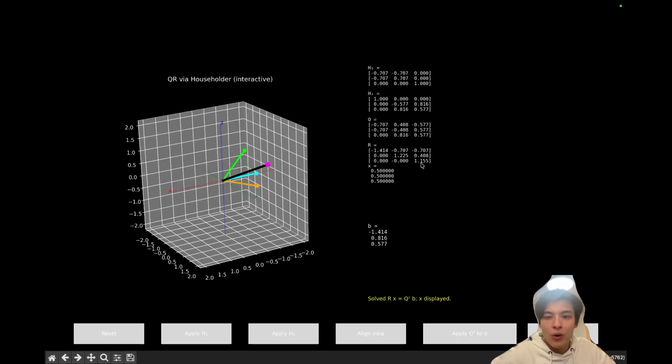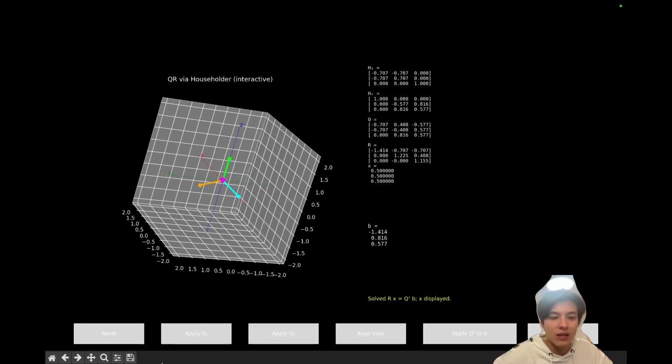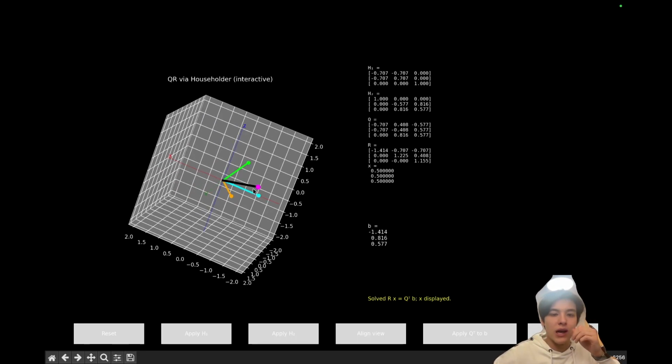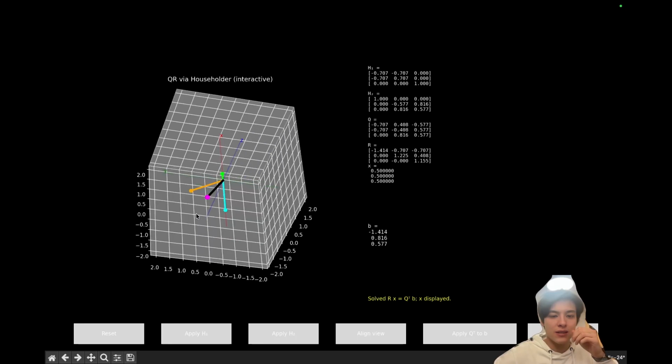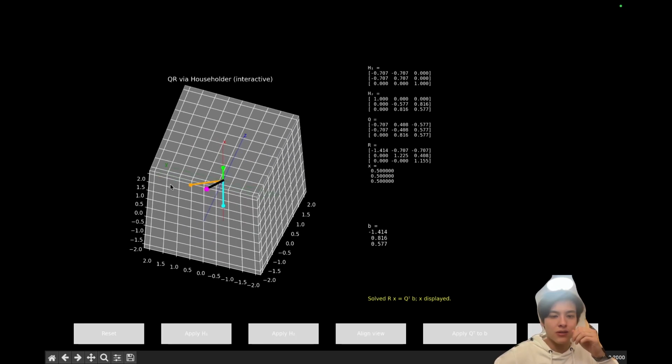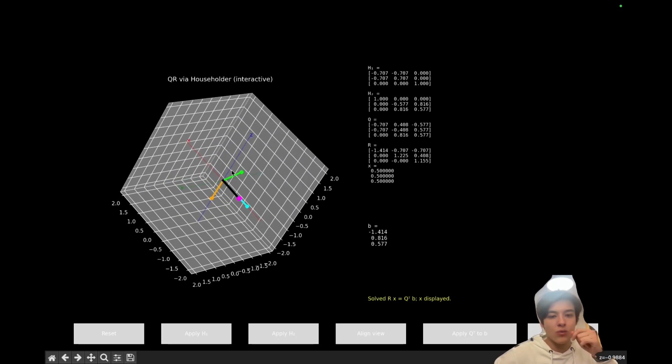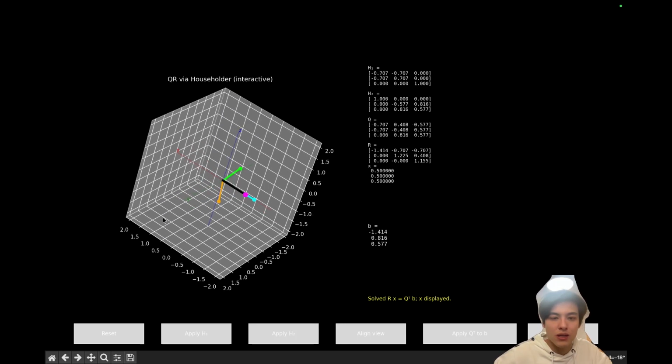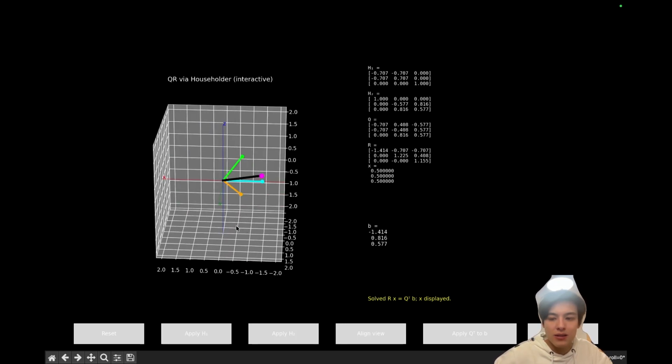So 1.15 of x needs to equal 0.577. So what is that? x is 0.5. So here we see that's the right solution. So that's basically how we would solve it. We rotate the matrix to be aligned to these axes: one axis, one plane, and one can be free. And then we rotate B to the right axis so that we can just solve.